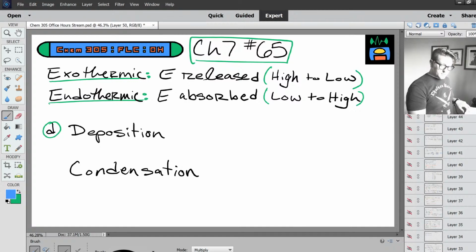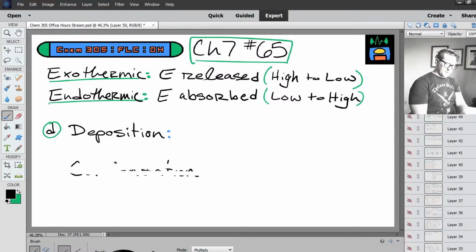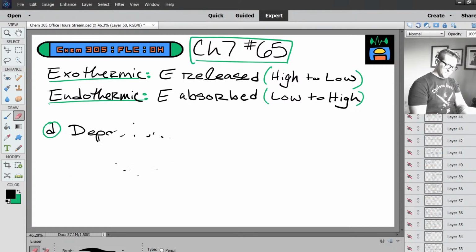For deposition, you're going from, oh, sorry, this is part D for 65. Give me one sec here. Sublimation and evaporation.